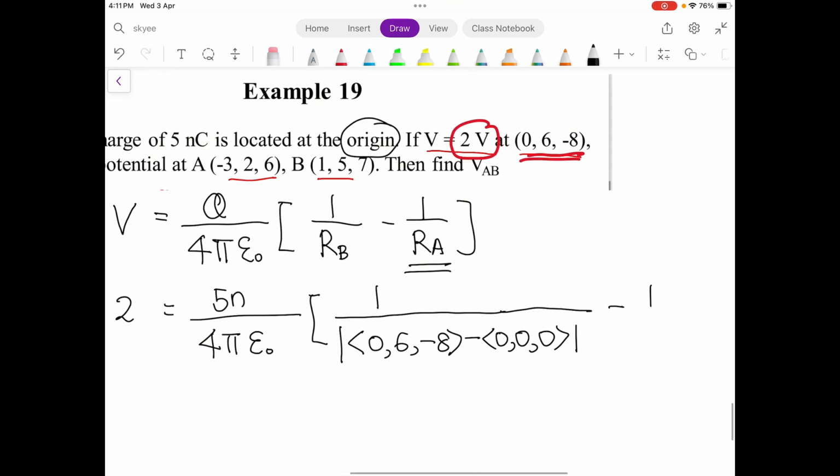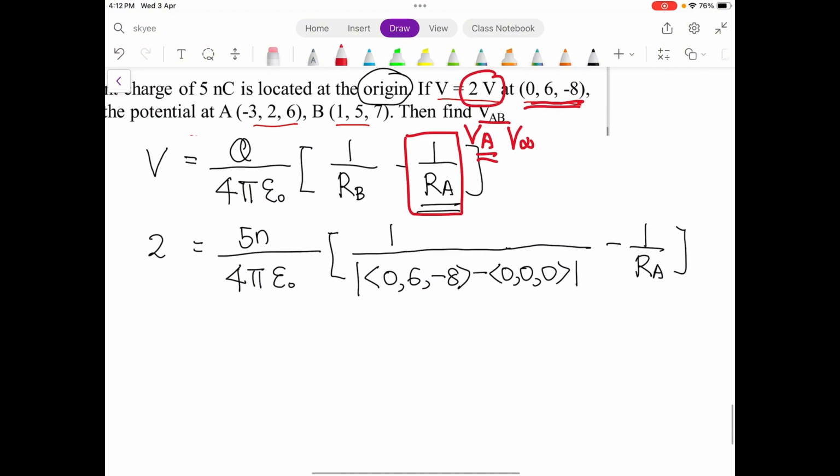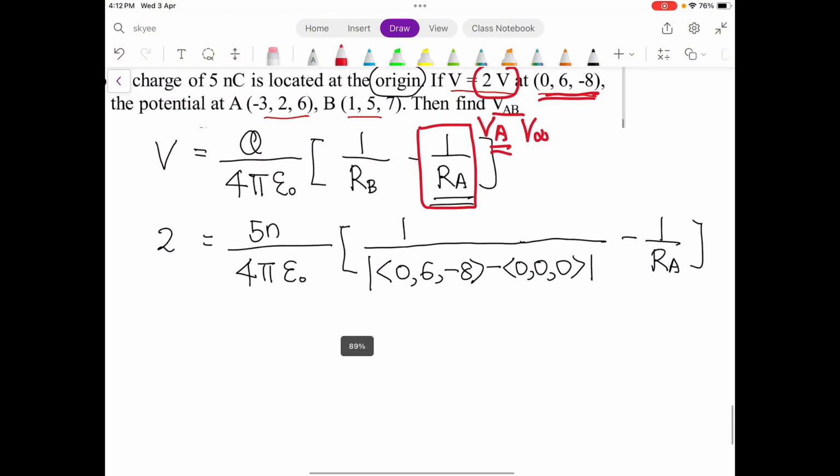Then minus 1 over RA. RA we have no idea, but we know that it is actually representing the VA, or the V infinity. Don't confuse the VA over here with the VAB. They are not the same, just labeling. So now we try to calculate.